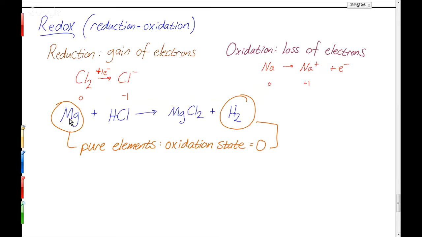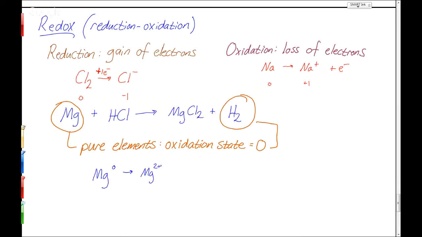It's 2, because it's in the compound with chloride. We know chloride has a charge of -1, and magnesium gets a charge of +2 in magnesium chloride. So let's write that. In this reaction, magnesium starts as 0 and ends up as +2 in a compound with chlorine.